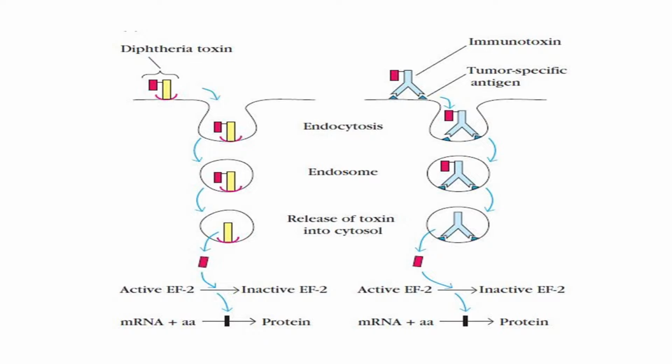Ultimately, the tumor cell dies. So the mechanism of action is the same, but instead of a toxin being delivered to a healthy cell and killing it, here only the target cells, the infected, tumor or defective cells, are killed. So this is targeted treatment.